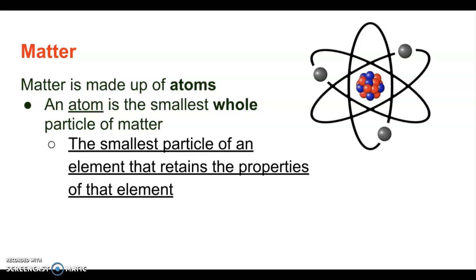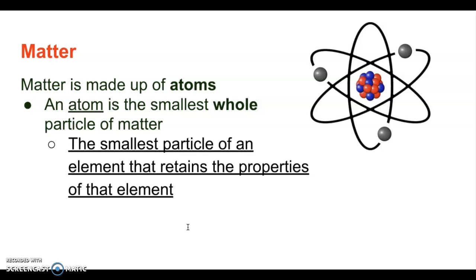An atom is the smallest whole particle of matter. A formal definition that I want you to take down on your paper is: an atom is the smallest particle of an element that is going to retain the properties of that element. So for example, if I have a cube that is pure gold, that gold is going to be made up of a billion trillion atoms of gold.